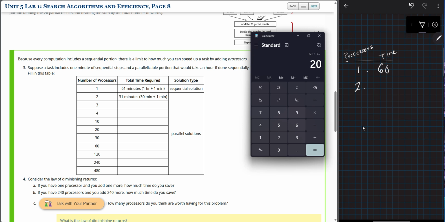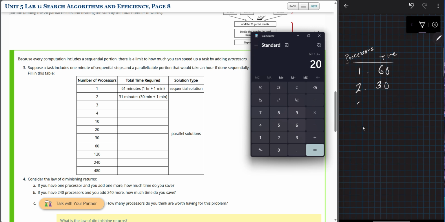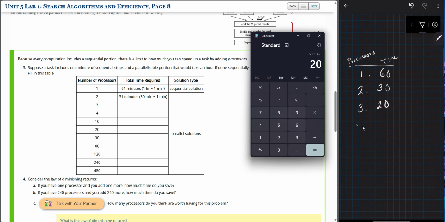For two it takes 30, for three it takes 20, for four you would divide 60 by 4, that's 15. You have 15 minutes. So fill out the rest of the table or figure out how long it takes. You'll notice that by the end the difference is very minimal.